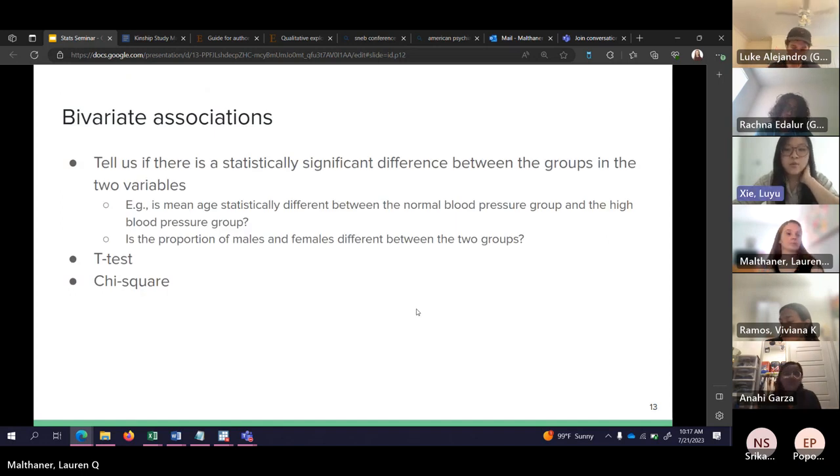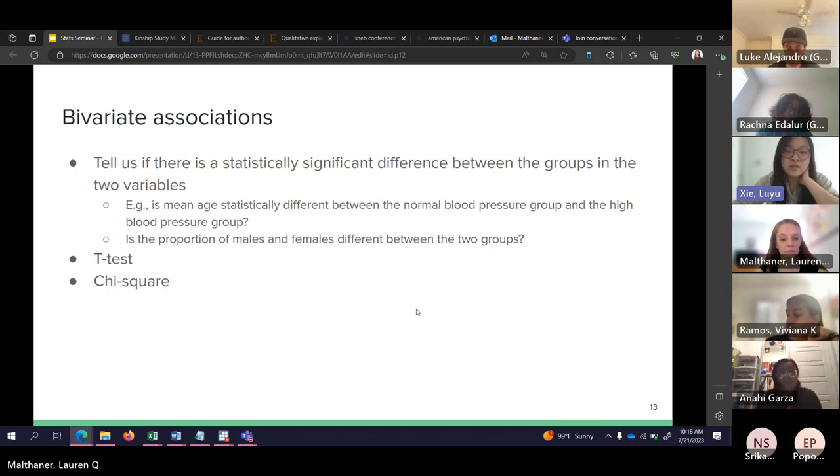Okay, so once you finish your table 1, the descriptive analysis, you can move to bivariate association. The bivariate association tells us if there is a statistically significant difference between the groups in the 2 variables. For example, we want to know is the mean age statistically different between the normal blood pressure and high blood pressure group.